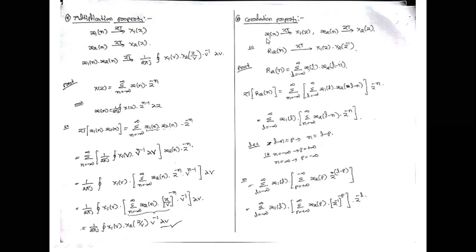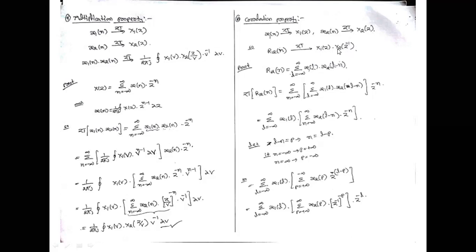The correlation property is saying that x1 of n has Z transformation x1 of z, x2 of n has Z transformation x2 of z. The cross correlation here, because 1 and 2 is represented, r12 of n, the Z transformation is the product of the two Z transformations, but one Z transformation is time reversed: x1 of z and x2 of z inverse.